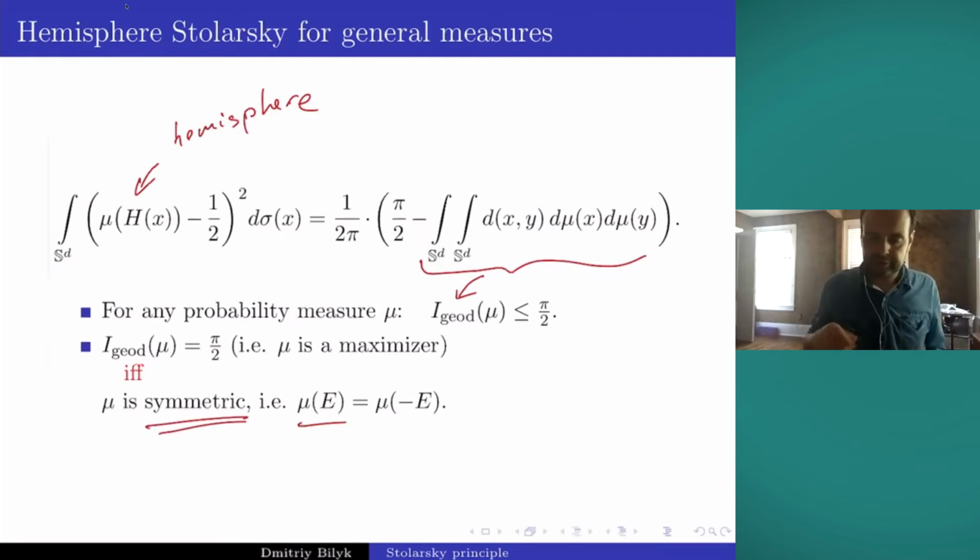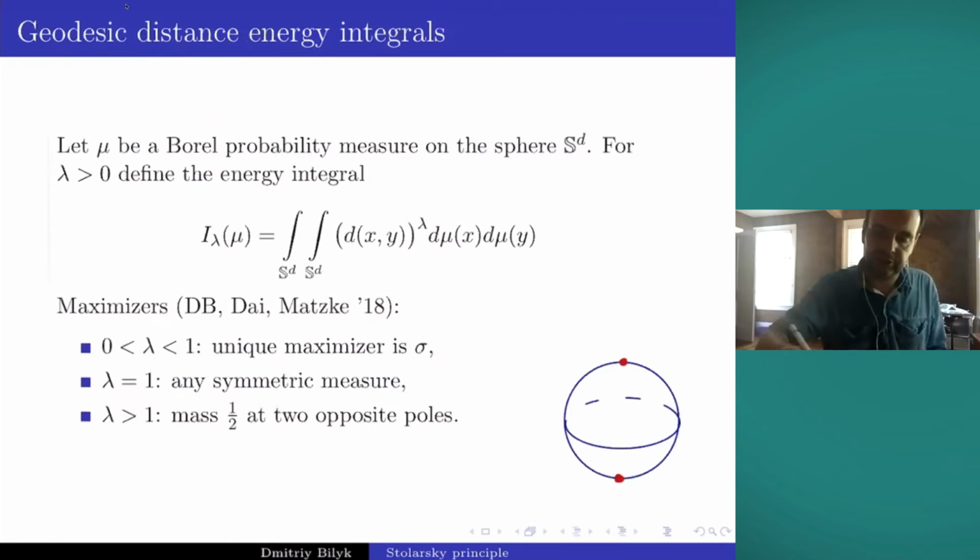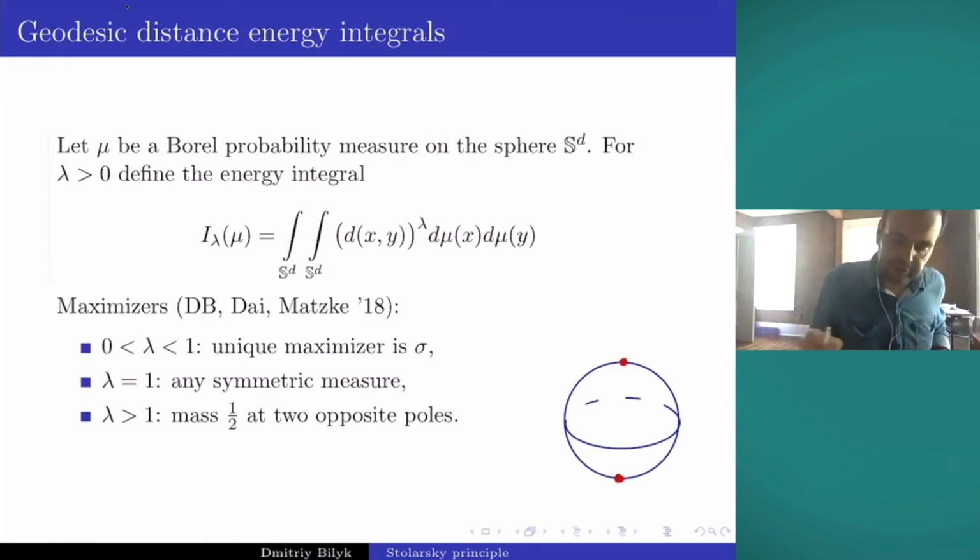And that leads to an interesting dichotomy. If you consider this energy integral with different powers lambda here, essentially it's an analog of Riesz s-energy for negative s, but with geodesic distance here. So you can say that this is geodesic distance Riesz energy. There is a phase transition at lambda equal to 1.